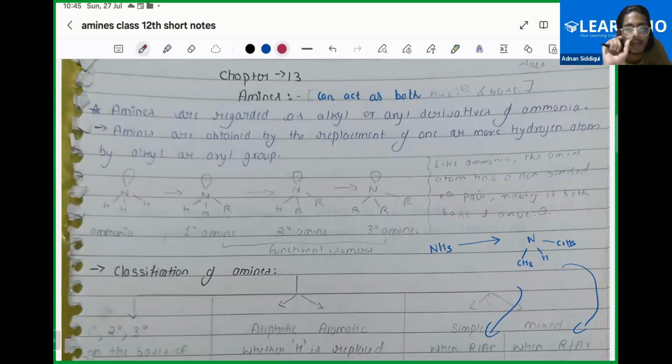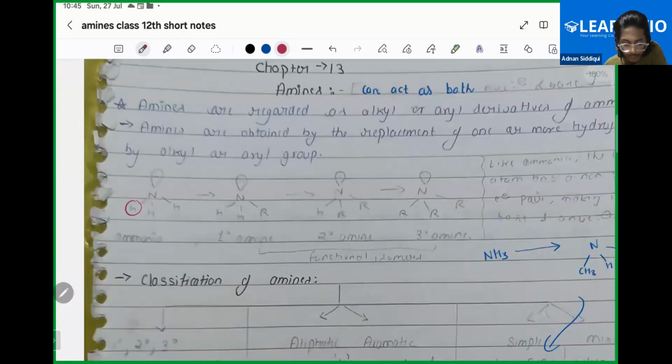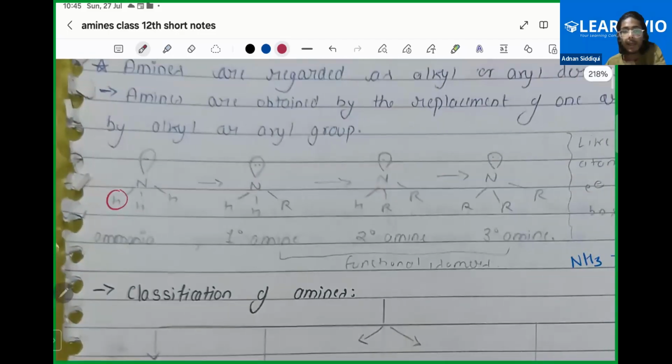You have to use the plus I inductive effect. Suppose here we do not have any extra or side groups helping this nitrogen's electron density, so it is not getting enhanced. But here we have one alkyl group using plus I effect to increase the electron density over nitrogen. Here we have 2 plus I, here we have 3 plus I. So out of these lone pairs, which lone pair has the highest electron density? 3 degree amine.